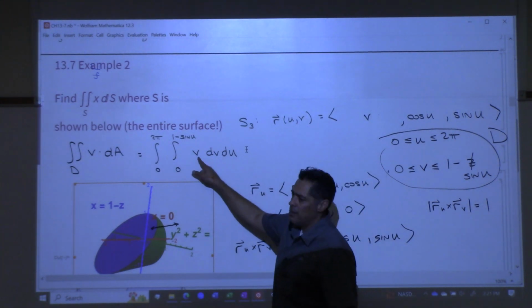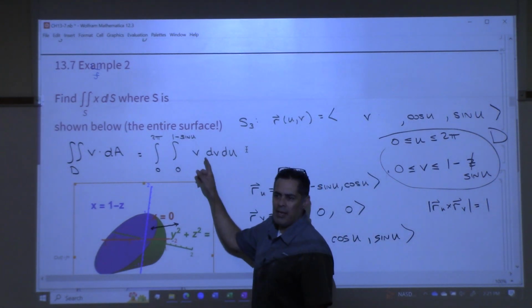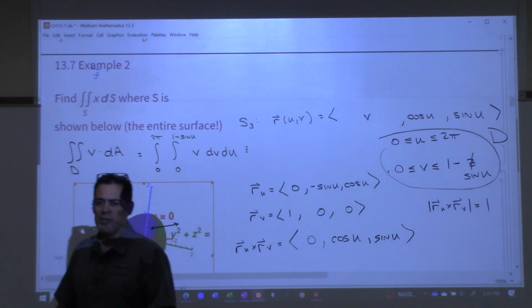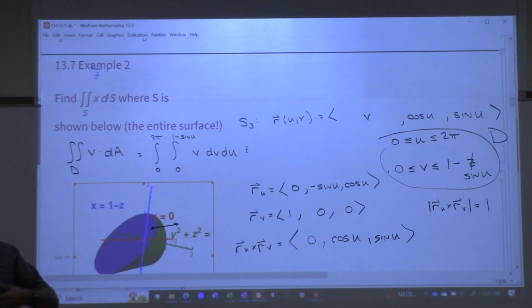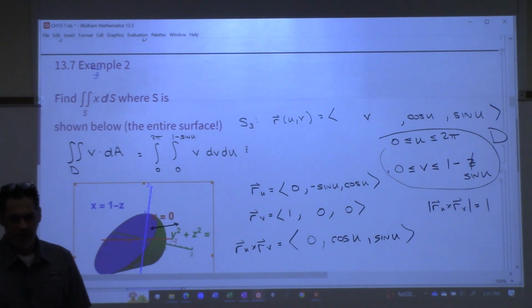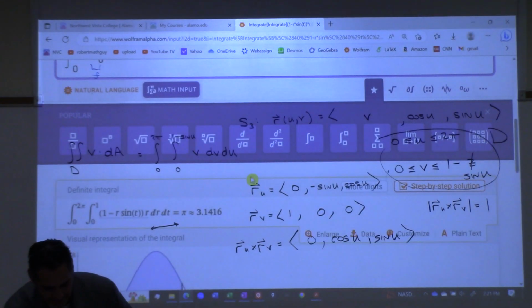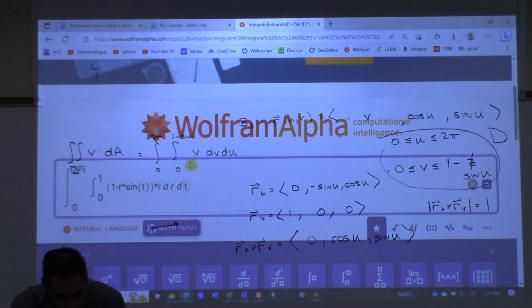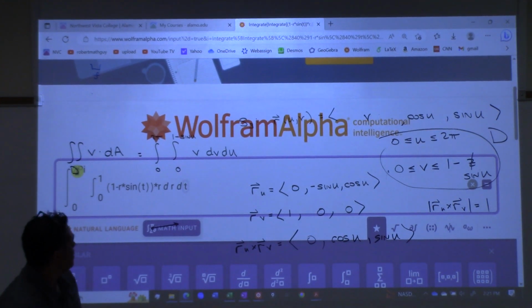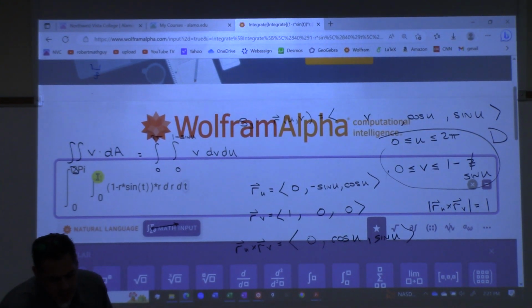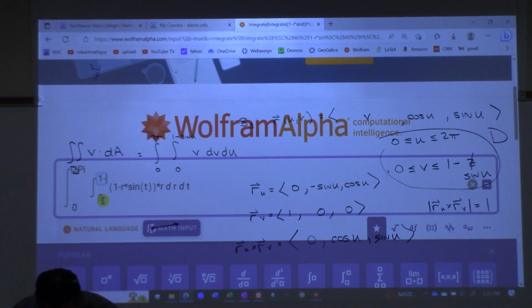Can you integrate v? Okay, and then could you plug that in? It's actually not a very pretty integral because you'll get sine squared in there, and it would require power reducing, and it's a little tedious, but within the capabilities of a Cal 3 student for sure. In theory. So I'm again going to cheat here. 0 to 2 pi, 0 to 1 minus sine u.